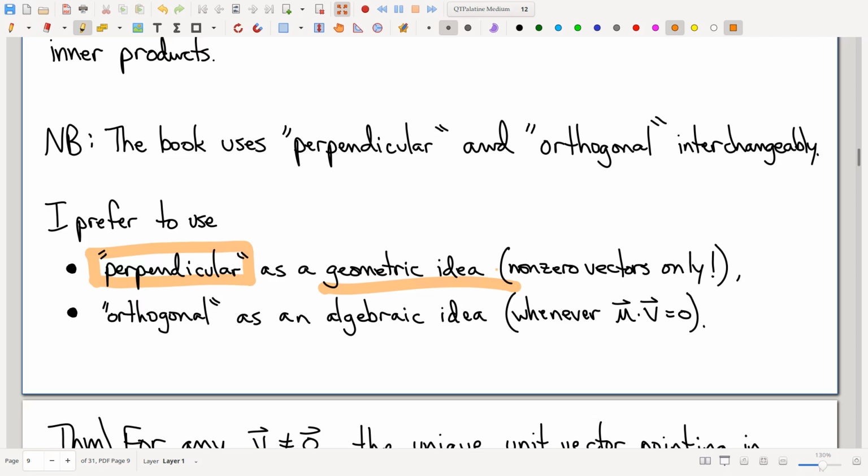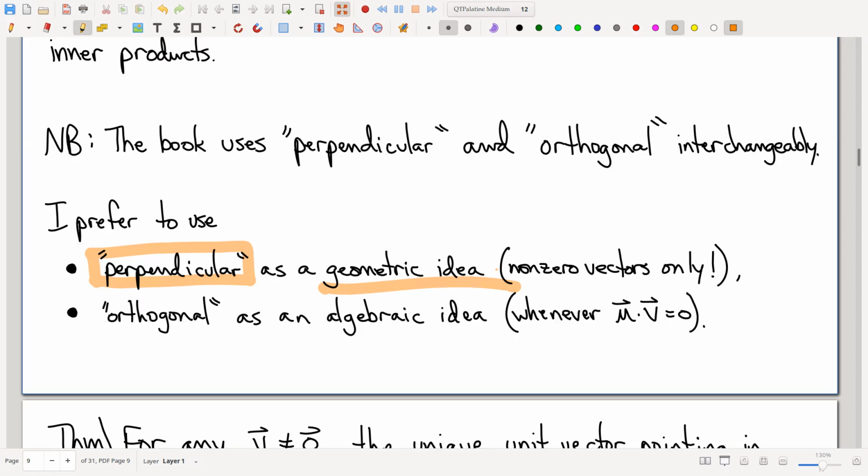So perpendicular is a geometric idea. And you can't talk about the angle between two directions if there is no direction. Of course, the zero vector doesn't point in any direction. So this word perpendicular, being intrinsically geometric, is for non-zero vectors only.